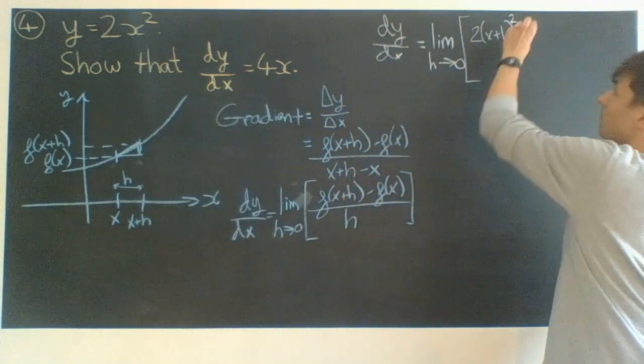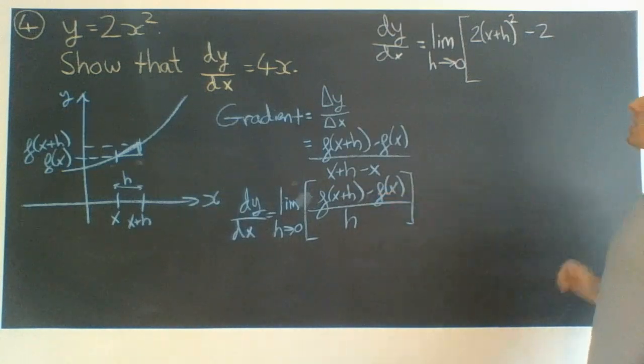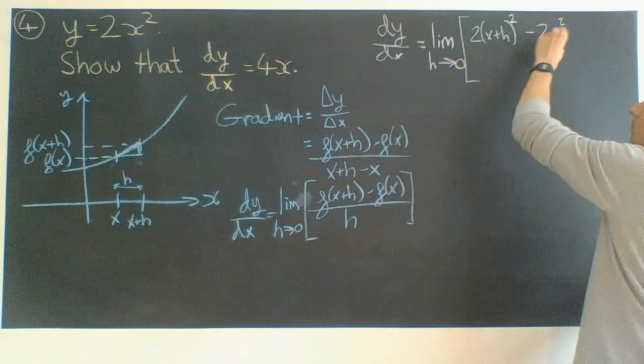And over here, for the f of x, it's just going to be minus 2x squared.